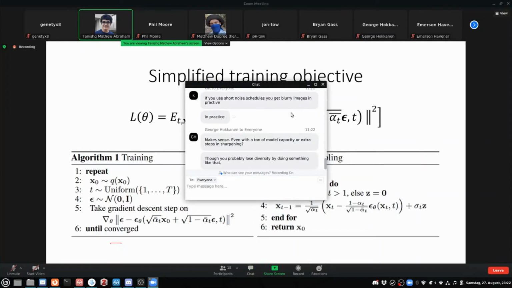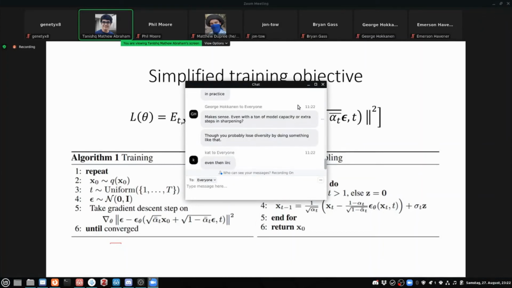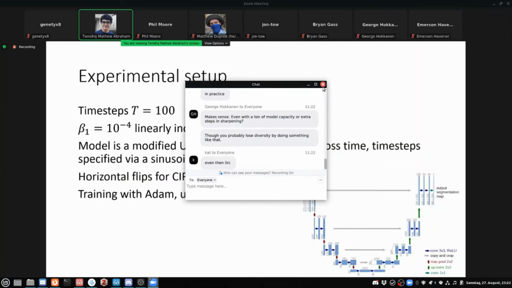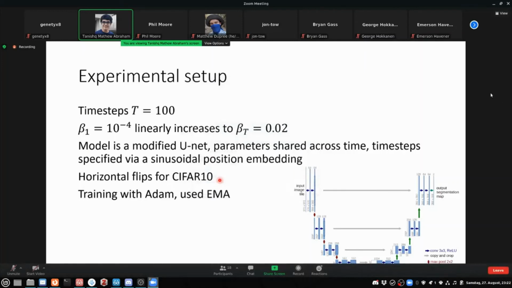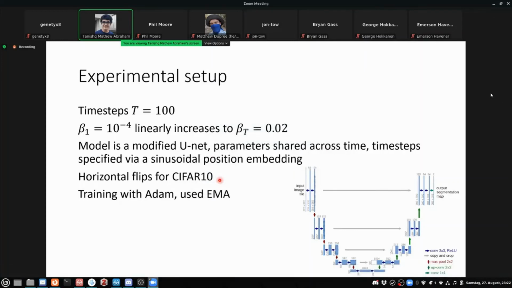Okay, we're almost wrapping up here. The next one is the experimental setup in terms of the actual model. The important aspect to realize here is the actual model is a UNet model, where you're taking an input image and you're outputting, for example, the denoised image.